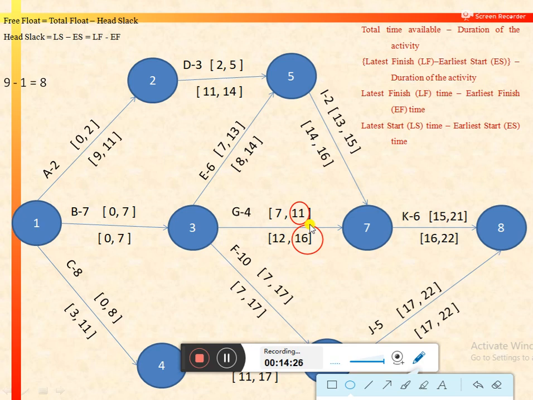So total float for activity G is 5 days, minus the head slack. Head slack for activity G is 16 minus 15, that is 1. So 5 minus 1 is equal to 4. So 4 days would be free time available for activity G. In a similar way, we can calculate free floats for other activities as well.